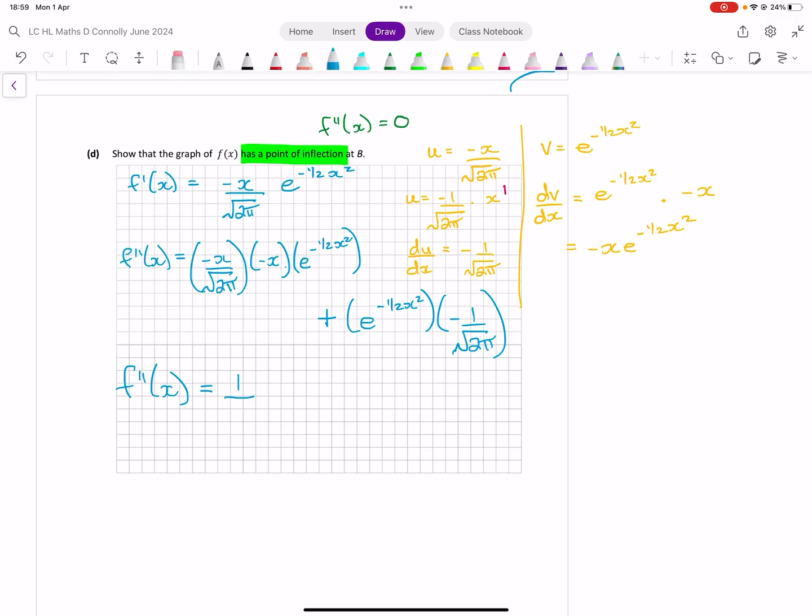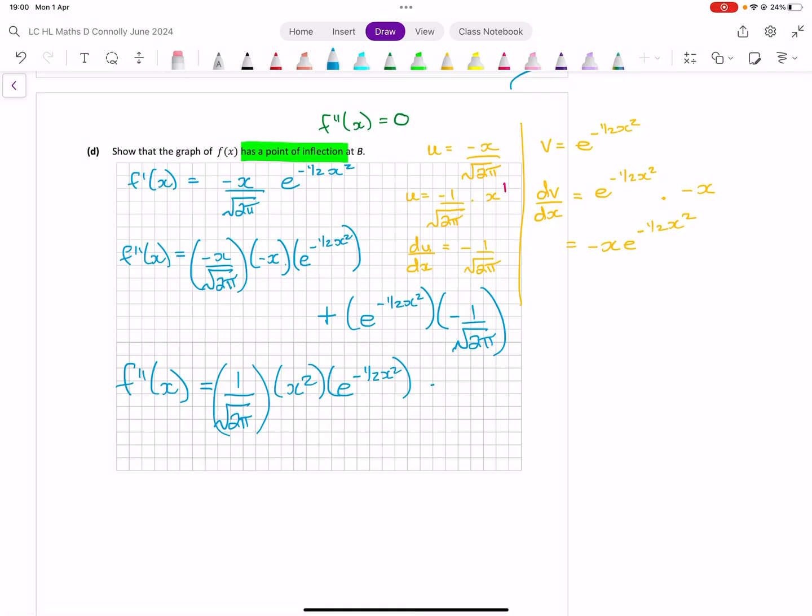So I have 1 over the square root of 2 pi. The minus x by minus x is x squared, and then e to the minus a half x squared. And then this is plus, and minus 1 over root 2 pi e to the minus a half x squared.